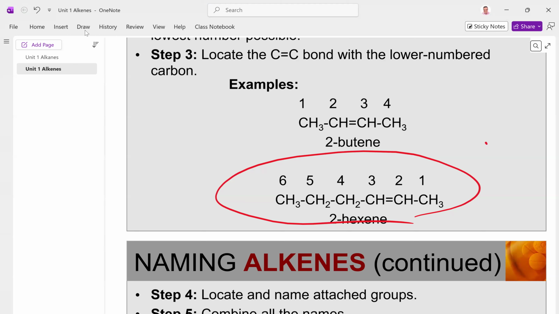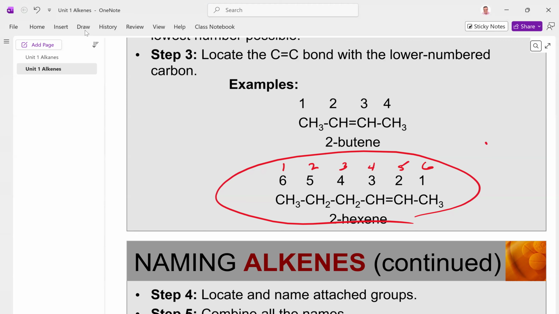All right. Notice if we name it, if we start numbering from the left, the numbering from the right favors a lower number for the double bond. Okay, so which means we're going to start on the right and go to the left.